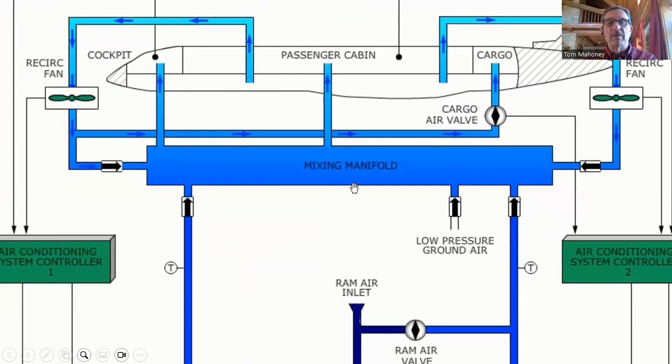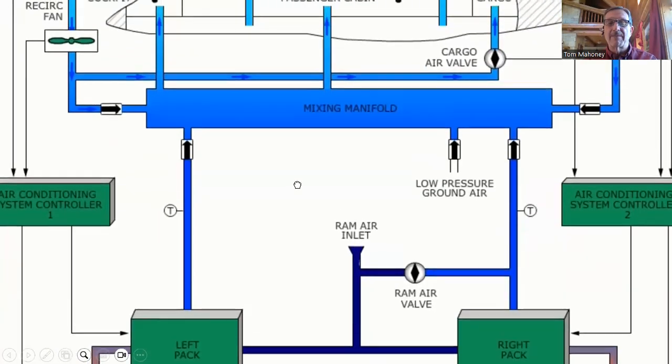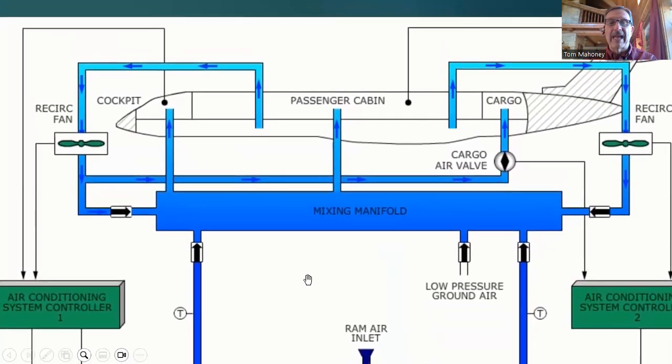So in simple terms, the left pack provides conditioned air to the cockpit, right pack controls conditioned air to the passenger cabin, except the reality of it is it does get mixed somewhat in the mixing manifold. So you could say a little bit of the right goes to the cockpit, but generally most of it is left pack air.